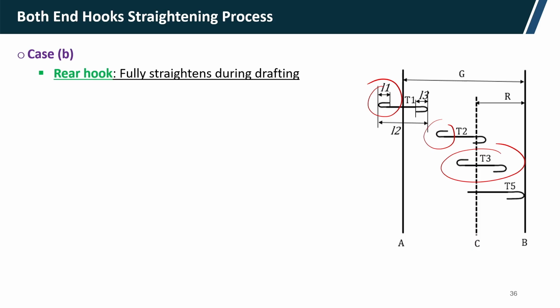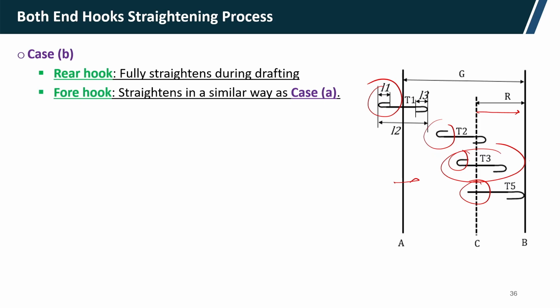The body part will be moving at the speed of the front roller, but the trailing part will move at the speed of the back roller. Here the distance r is larger, so it will get sufficient time for straightening, the duration will be high. So, the rear hook will get straightened completely.